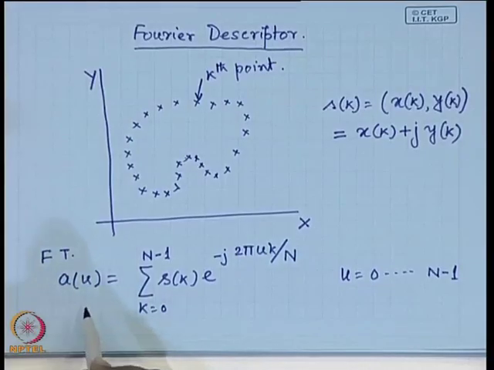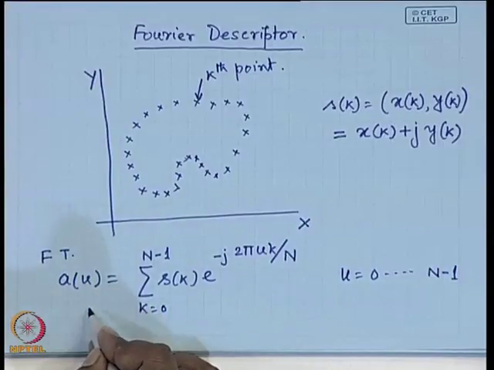These capital N coefficients can be represented as a vector, so I have an N dimensional vector. However, we know that when I take a Fourier transformation, the higher order coefficients give us the detailed information of the pattern, and the lower order coefficients give us average information of the pattern. So, if I am not much interested in the higher order coefficients or the detailed information within the pattern, then I can truncate the vector.